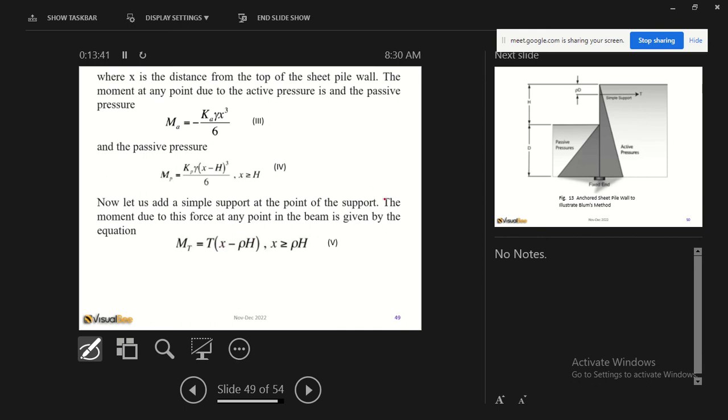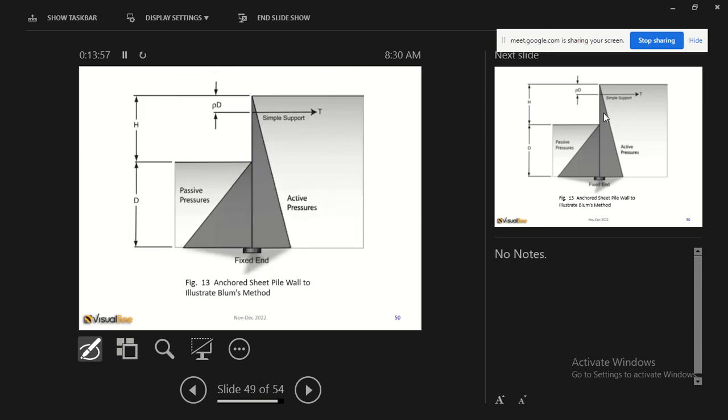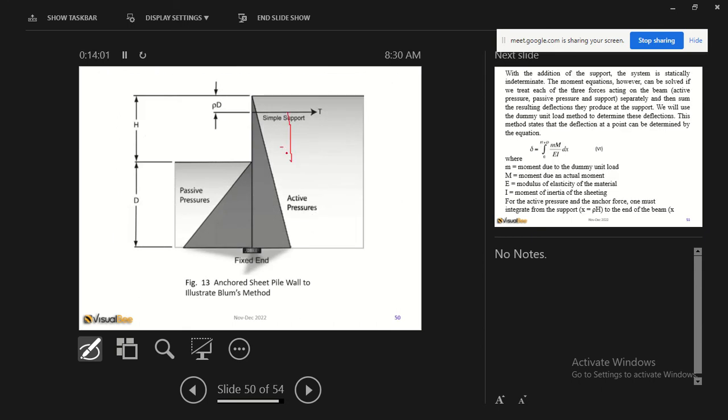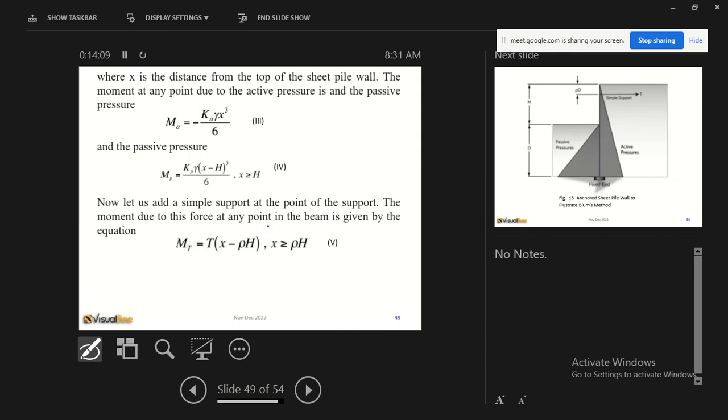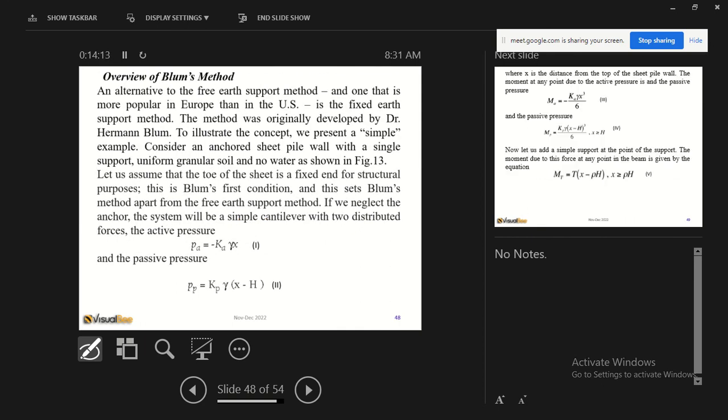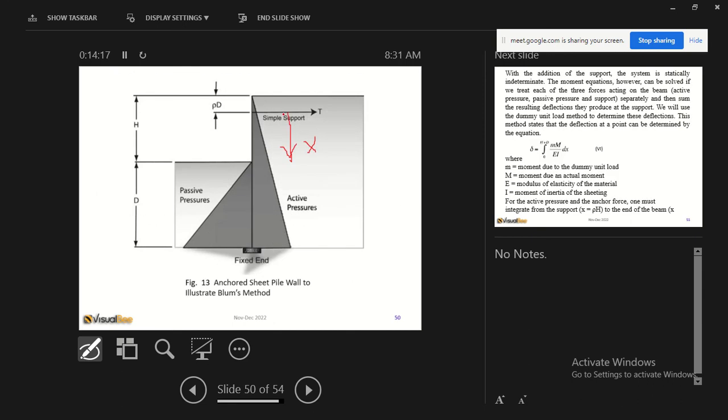Then we take moments, including the moment due to the tensile force. x is measured from here, so for any point in the beam, the moment due to that force is basically the tensile force times x, minus the other terms, as we have seen here.